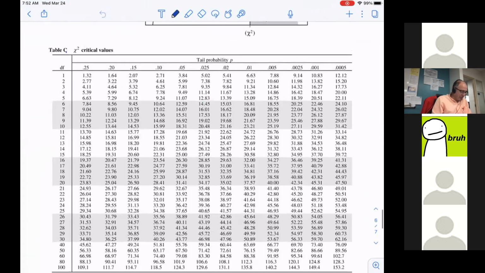Okay. So in number 1, you were given a chi-squared value of 7.5 with 2 degrees of freedom. So here's my degrees of freedom. There's 2. So we're going to keep going over until I find something close to 7.5. So here is 7.38. Here is 7.82. So that means that 7.5 falls somewhere here in the middle.